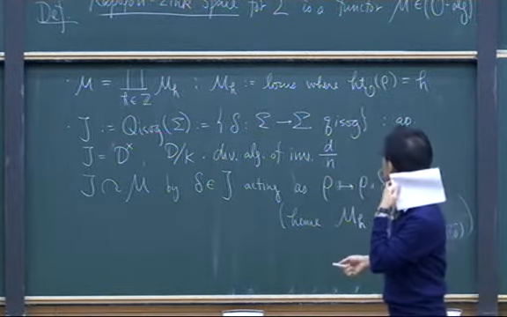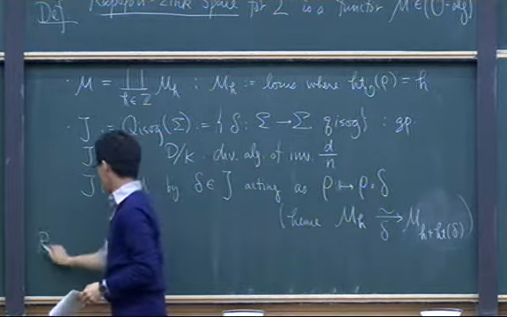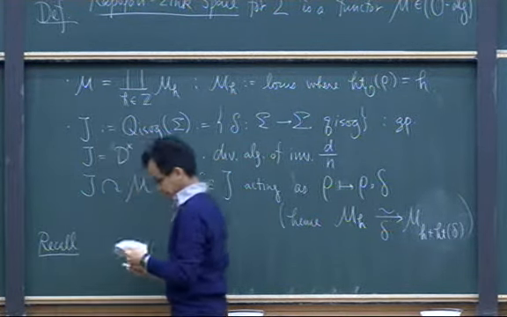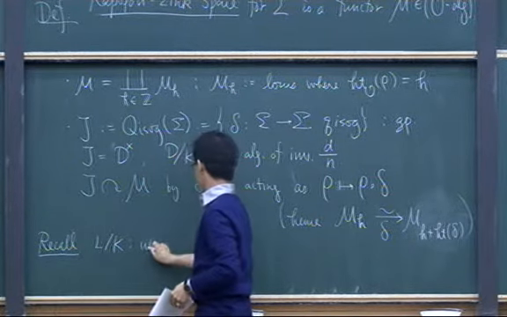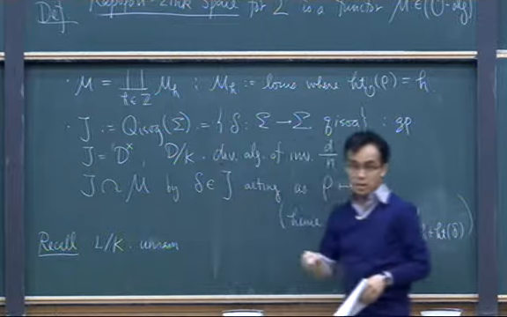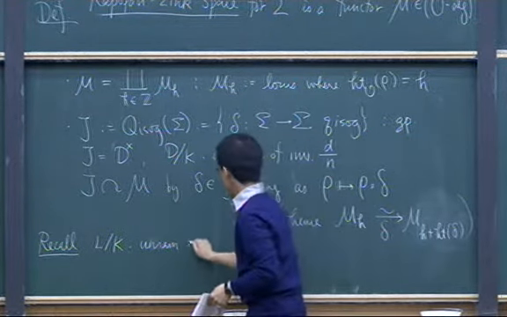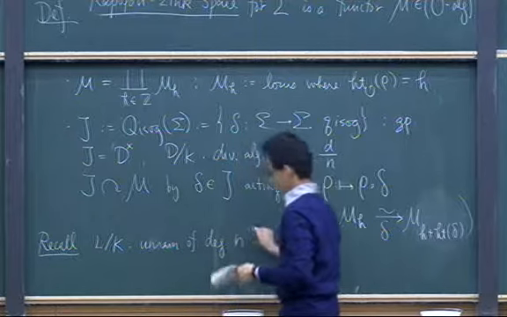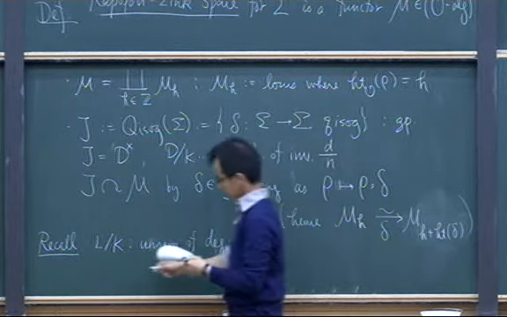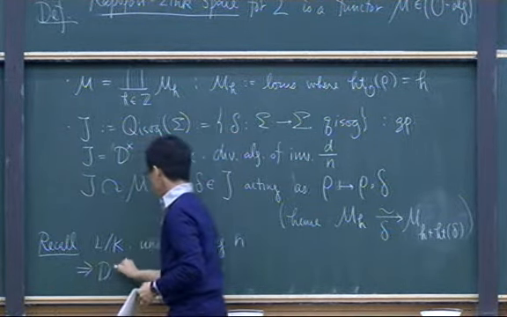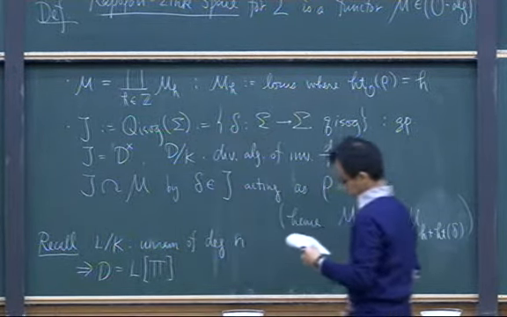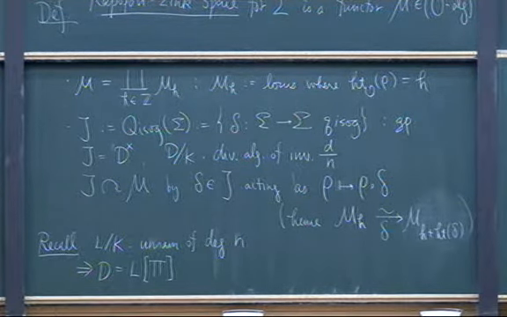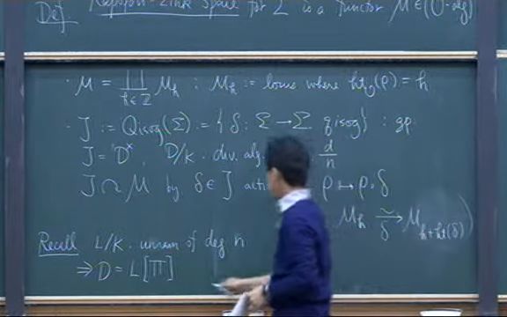So what are these division algebras? It has a ramified extension of degree n inside D, and it's generated by pi.